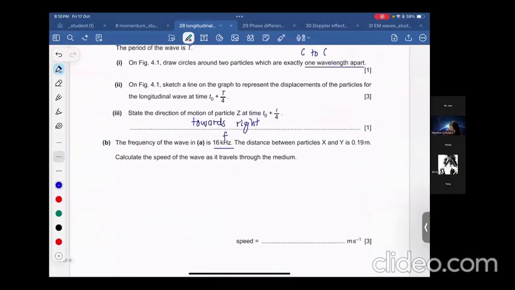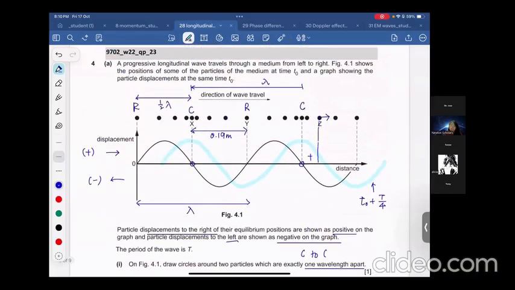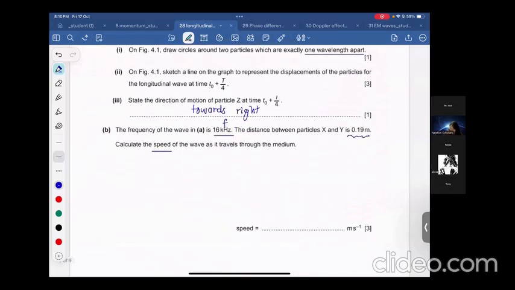Here, boys and girls, we got the frequency, we got a certain distance, but X to Y is not a complete wavelength. Can you use the formula to find the speed? Speed equals f lambda. Can you try before I give you the answer? You got the frequency, find out the wavelength, then you can substitute and find out the speed.